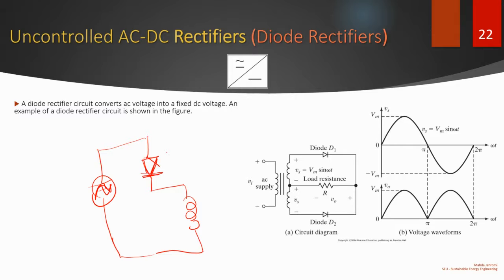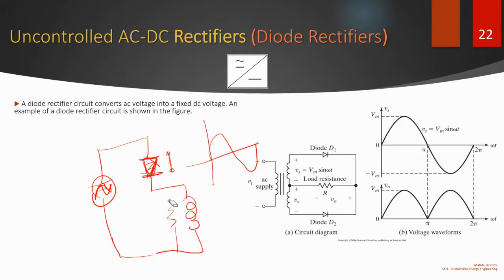Once the diode goes into conduction, it does not turn off until the current through it becomes zero. That's something that we did not look at before. For diodes, we thought the moment the voltage across it becomes negative, it stops, but that's only true if we have a resistive load.